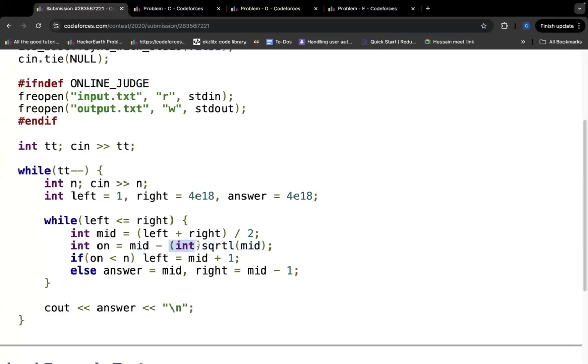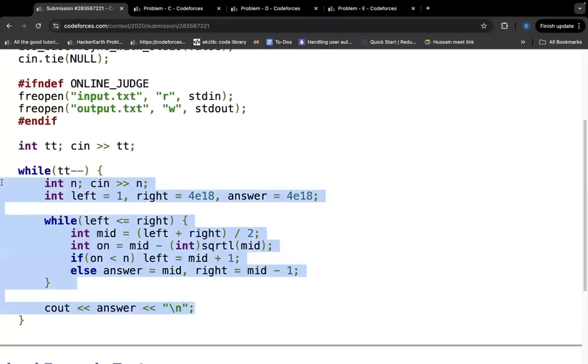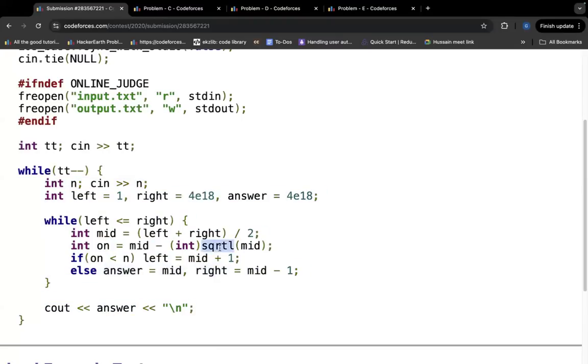I'm converting this to an integer because this returns a double. Now, if on is smaller than n, left becomes mid plus 1. Basically, we are going towards the right. Otherwise, answer is mid and right is equal to mid minus 1. Basically, we find the smallest index where on is greater than or equal to n, and it eventually becomes n itself. In the end, I just print answer. It's a very simple binary search.